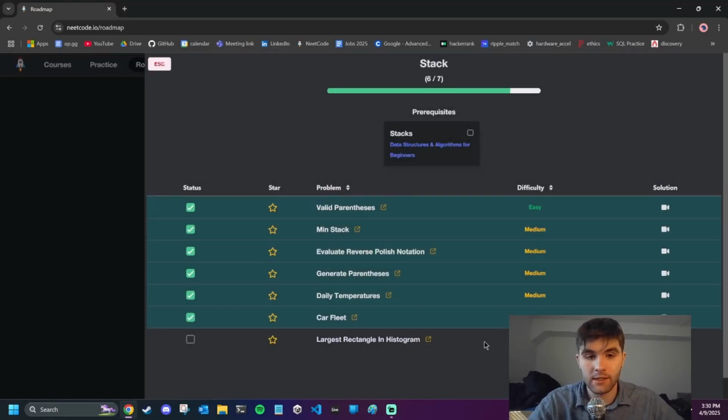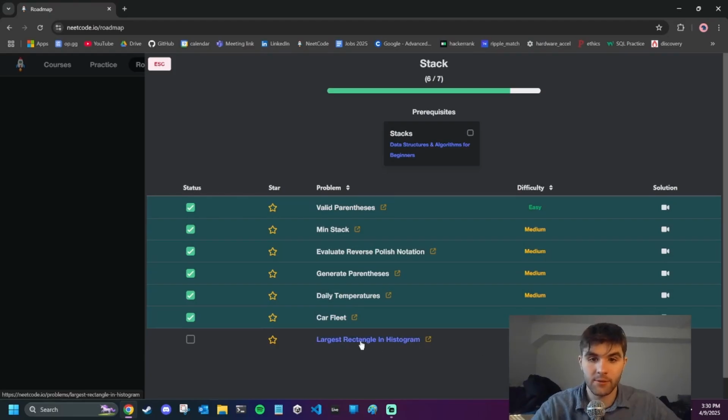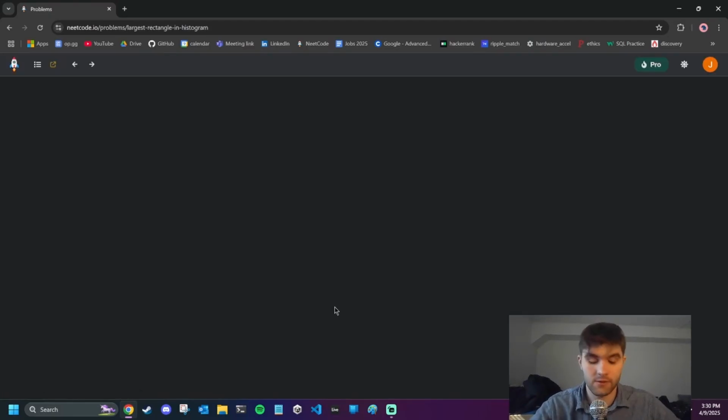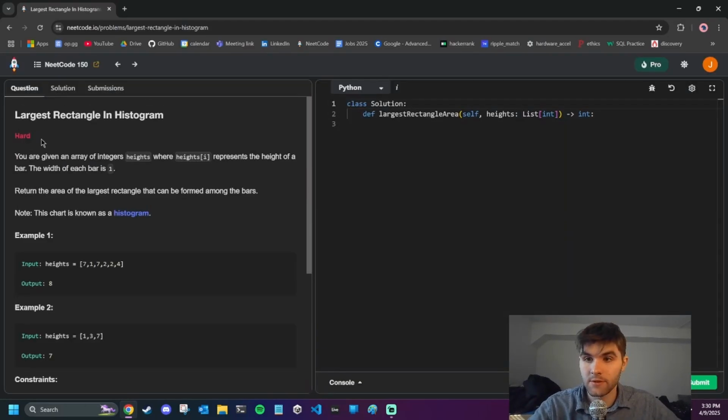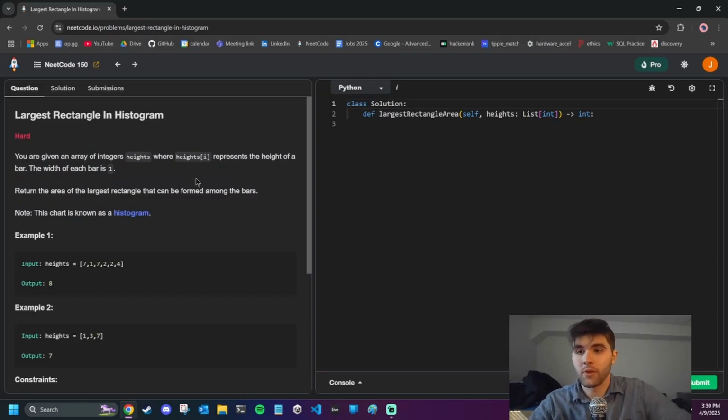I'm going to look at this problem here, a hard stack problem called the largest rectangle in histogram. I'm going to spend some time with this problem and see where I get. All right, so we're given an array of integers, heights, where each element is a height and the width is 1.